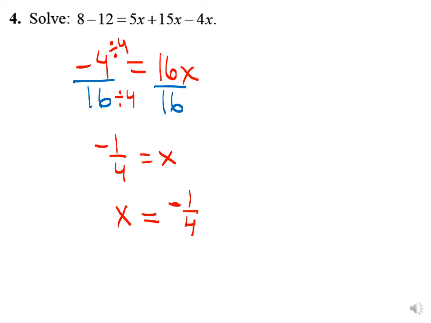Another way you can write it, so notice the negative is sort of up there with the 1. That's one way to write it. Another way you can write it is like this, where you put the negative in front of the fraction. So the negative is either on top with the numerator or in front of the fraction itself.